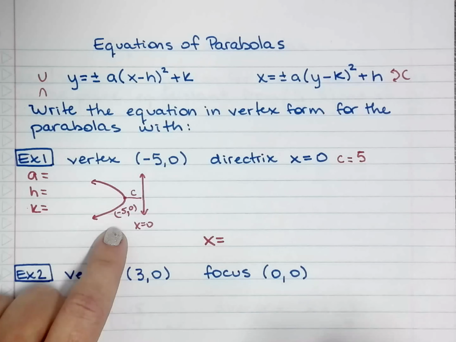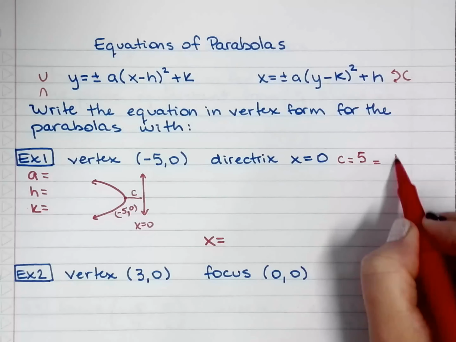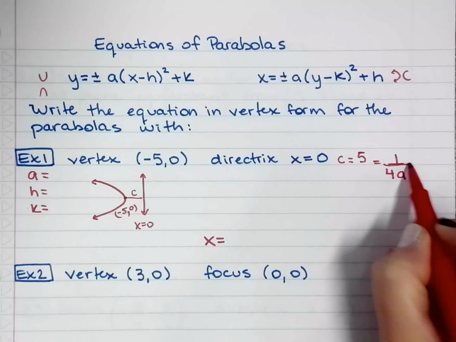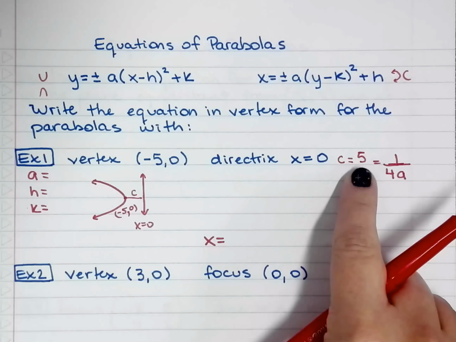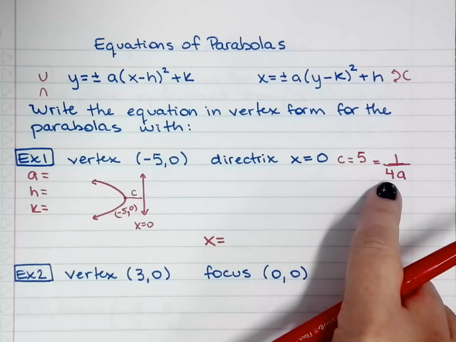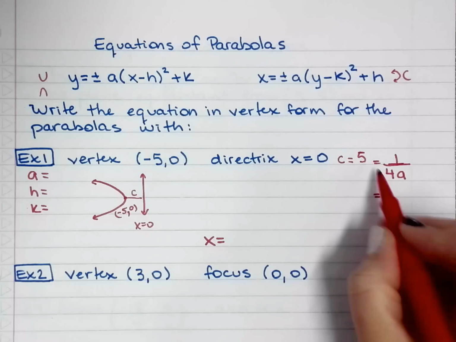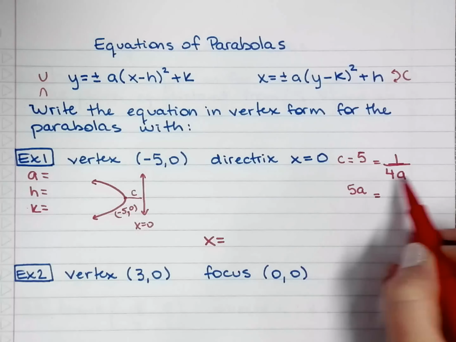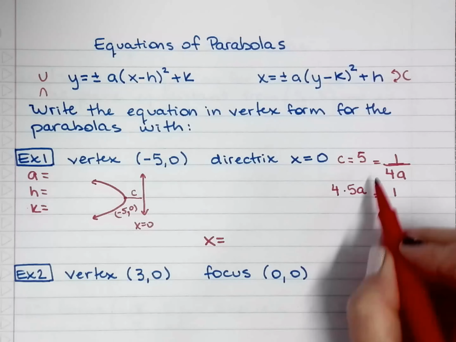I also know from the previous video that C equals 1/4 absolute value of A. And I know that C equals 5, therefore 5 equals 1/4A. Now I multiply both sides by 4A. Why not? I have 5 times 4A equals 1.